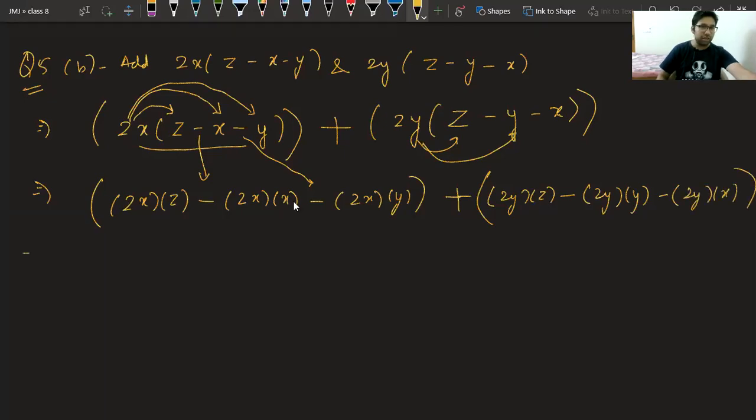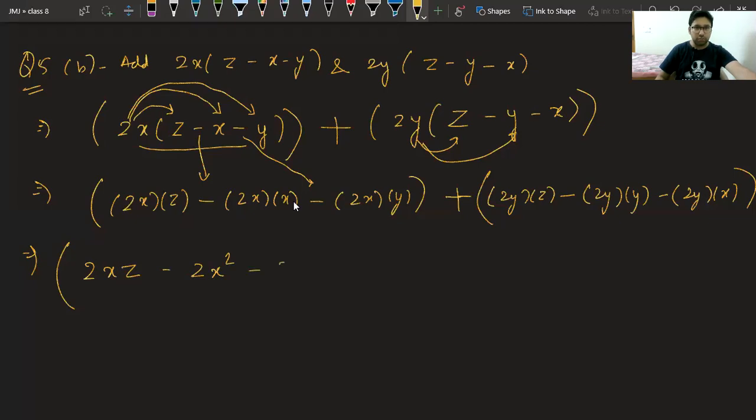This much. After that, just solve them. So 2xz, okay, you are correct. Just see, I'm solving it here. You can compare with this.